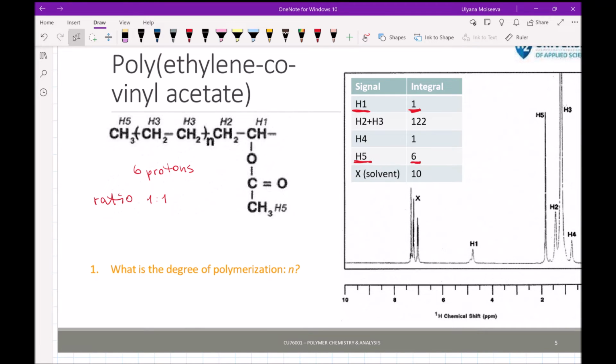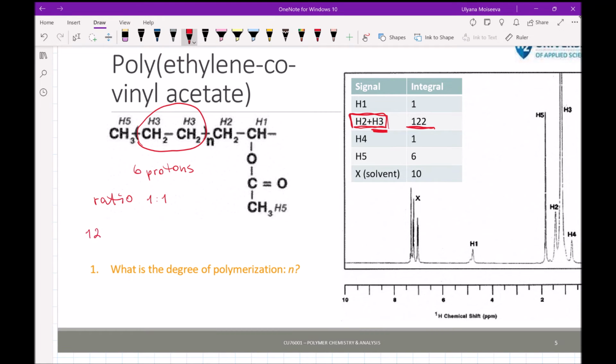How do we approach this? We have H2 plus H3, and that equals 122. But for our repeating unit, we are only interested in the H3 section. We don't care about this. It's useless for us right now. But we have the sum. So to find the integral of just H3, we simply need to subtract H2.